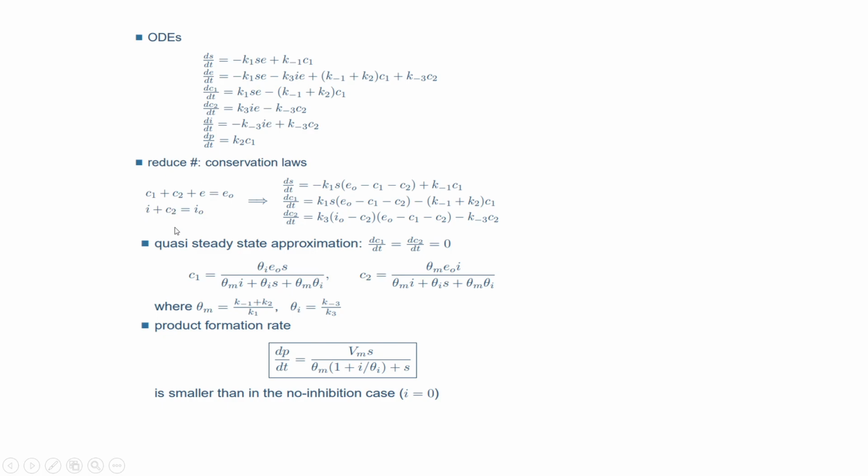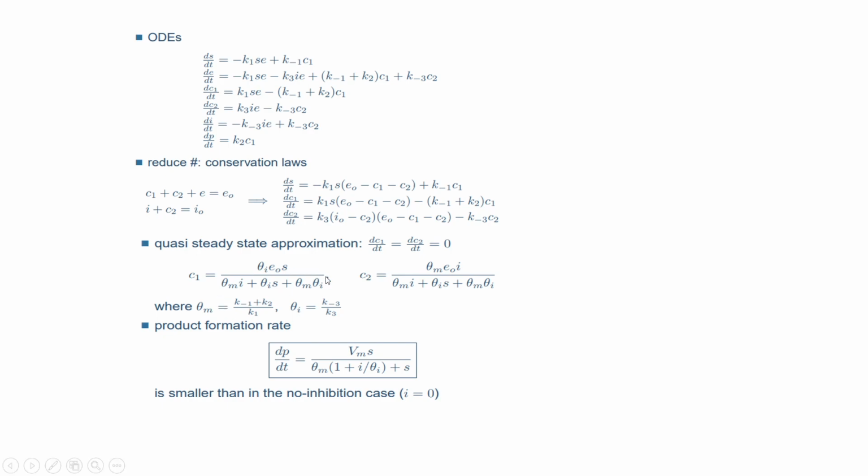After applying these conservation laws, you can reduce the number of differential equations here. Then you apply the quasi steady state approximation, where you assume that C1 and C2 do not change throughout the reaction. So it attains equilibrium very fast at the initial stage, and it stays like that throughout the whole reaction.